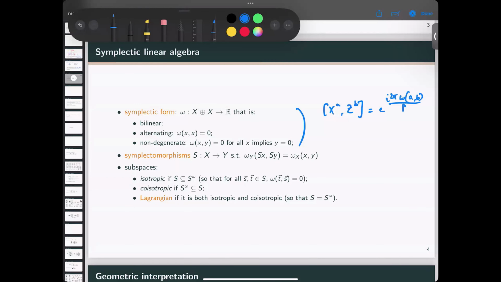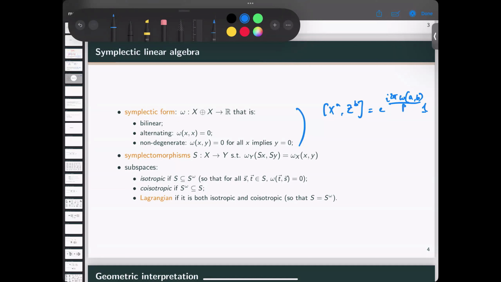If you're working in p-dimensional quantum mechanics and you have the corresponding Pauli X and Z operators, then this somehow encodes the commutation relation. These are the properties that you would need to encode the commutation relation between these operators at an algebraic level.